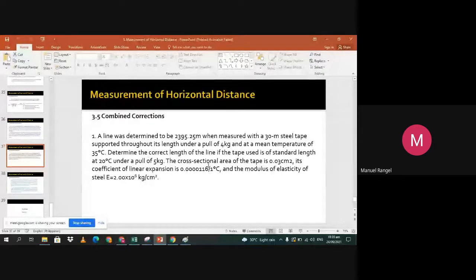So the cross-sectional area of the tape is 0.03 square centimeter. So its coefficient of linear expansion is 0.0000116 per 1 degree Celsius, and the modulus of elasticity of steel is 2 times 10 raised to 6 kilogram per square centimeter. Okay.